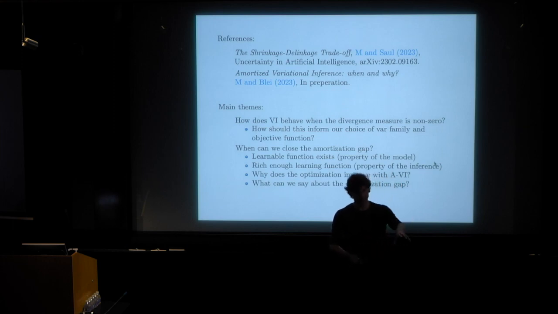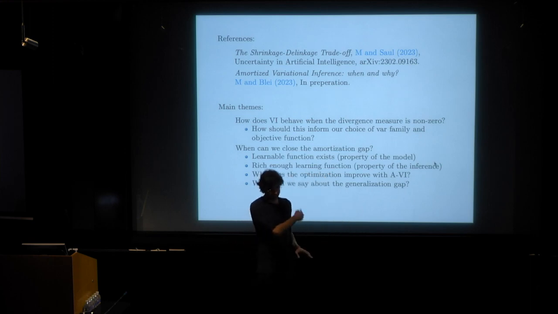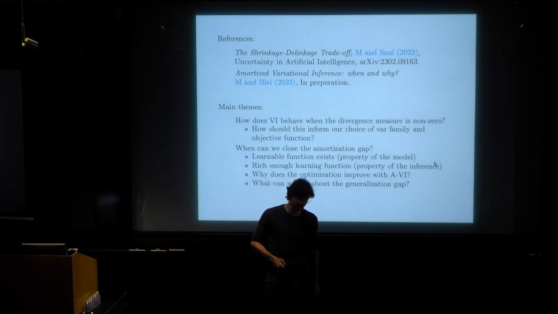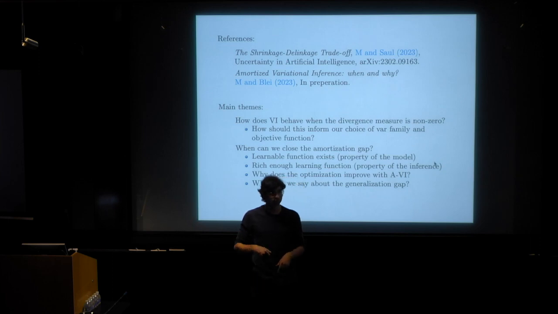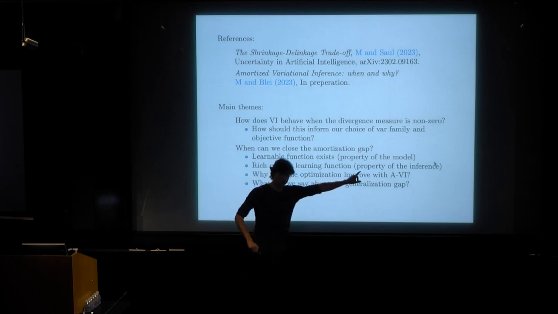Now, in terms of the practical thing that people have done here, once you appreciate that an amortization gap exists, what people might do is initialize with amortized variational inference, and then switch to factorized variational inference, right? That's something called semi-amortized variational inference. And that's a useful strategy because not only can it give you improved results, but it can also act as a diagnostic to verify this second condition.